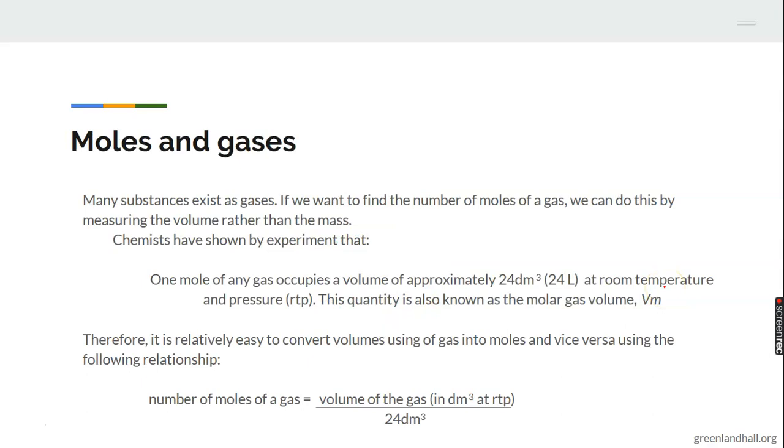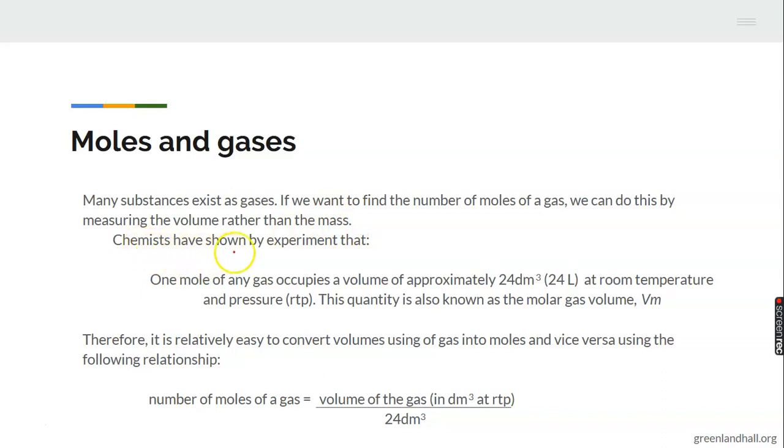So, moles and gases. When you talk of moles and gases, many substances exist as gas. If we want to find the number of moles of gas, we can do this by measuring volume rather than mass. So when you are talking of moles of gas, you talk about volume because they are not solid.